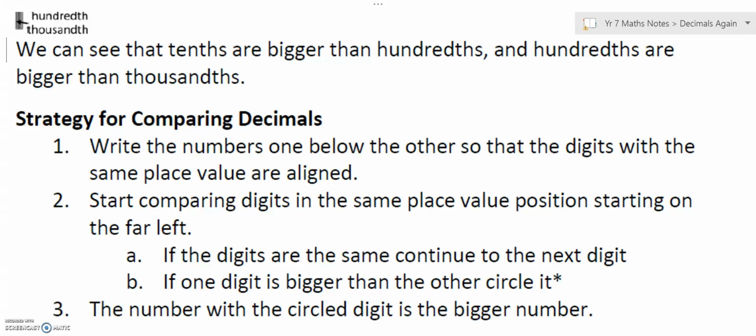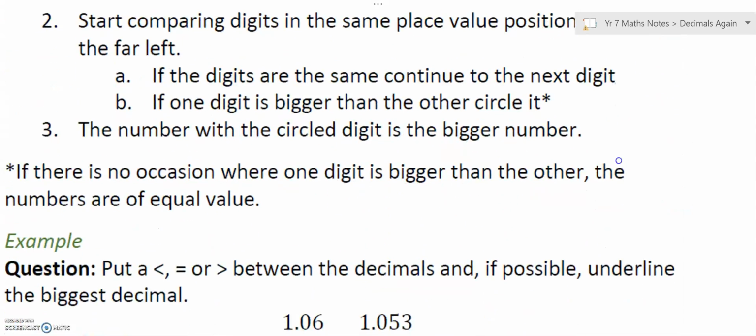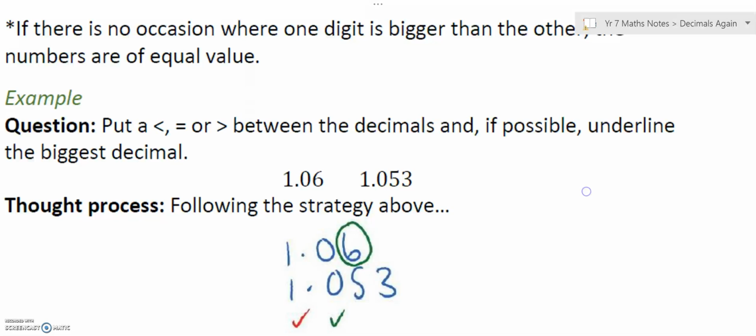Okay, so here's an example. Which number is bigger? 1 and 0 tenths and 6 hundredths, or 1 and 0 tenths, 5 hundredths, and 3 thousandths.